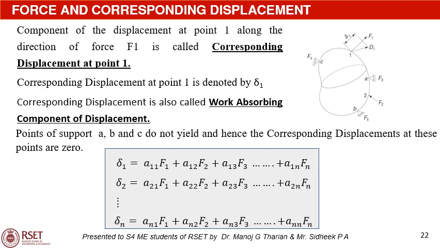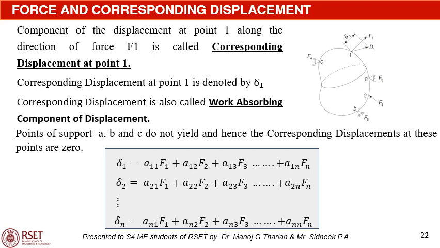The component of capital D1 along the direction of force F1 is delta 1. Delta 1 is called the corresponding displacement at point 1. Similarly, at point 2, the component of the resultant displacement along the direction of application of force F2 is called the corresponding displacement at point 2, and it is denoted by delta 2.